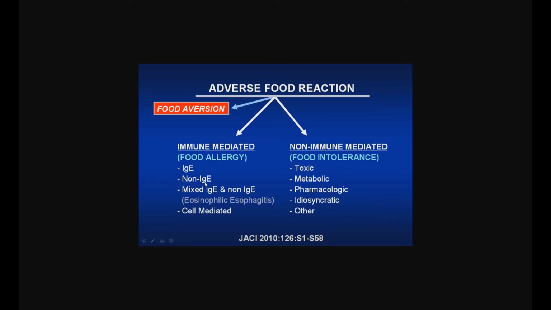In other words, mechanisms other than IgE are involved in producing symptoms. And the problem there is that skin tests are negative in patients who have this form of immune system response to foods. And if we look at eosinophilic esophagitis, it's a classical mixed IgE and non-IgE mediated disease. So positive skin tests will help you, but they may not give you the whole picture.